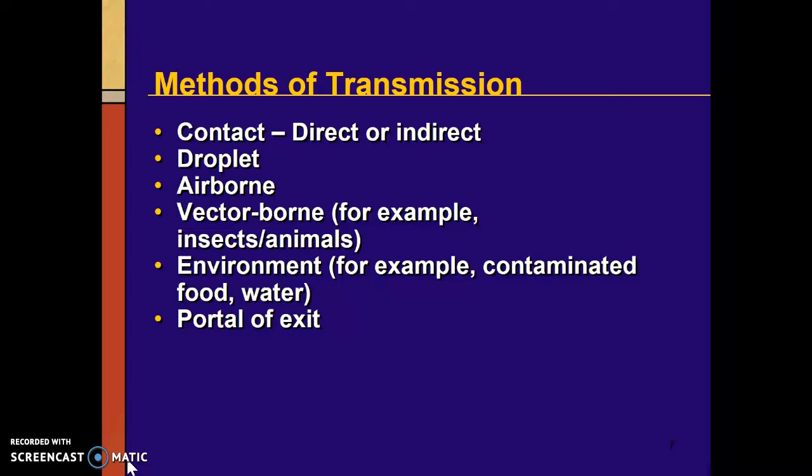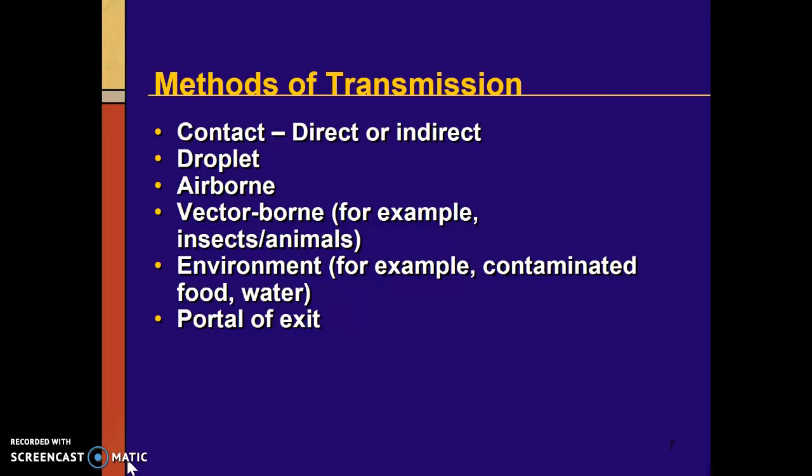That is what droplet precautions is all about, preventing with wearing a mask. Airborne is stronger than just droplet, because obviously droplet does drop eventually, so it's not lingering in the air, whereas an airborne infection stays in the air and is very tiny particles.